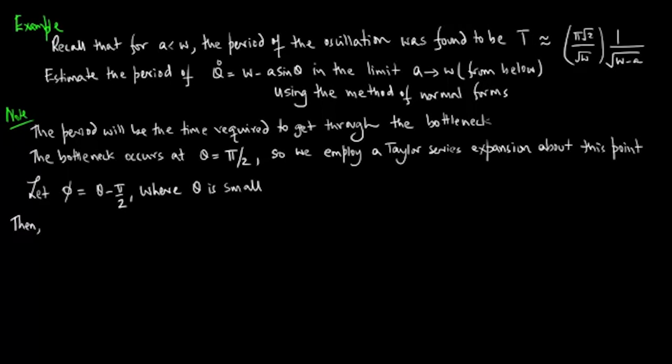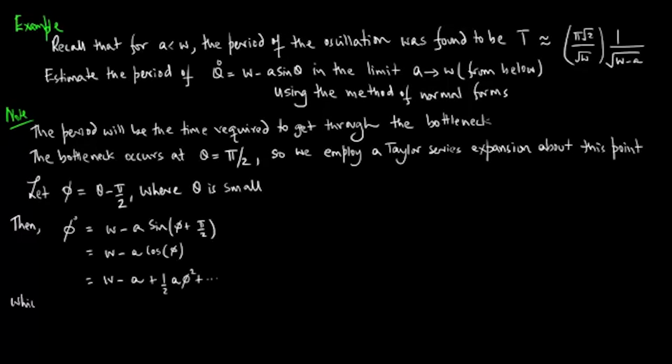Then phi dot is equal to omega minus a sine of phi plus pi on 2, which is equal to omega minus a cos phi, which is equal to omega minus a plus a half a phi squared plus higher order terms, which is now close to the desired normal form.